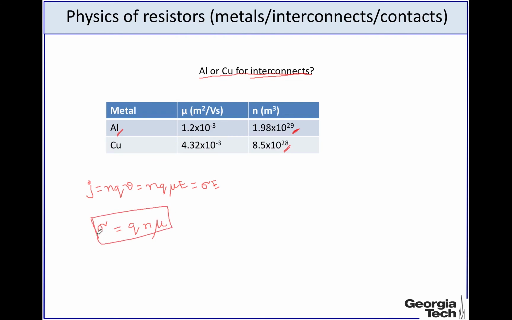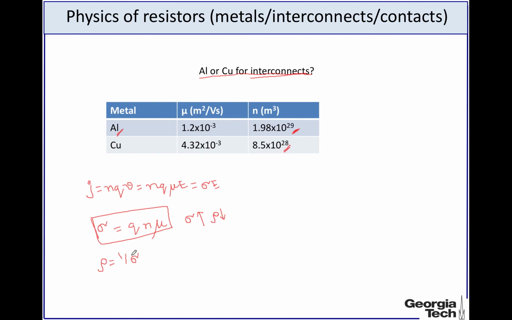This is the conductivity, and then we have another quantity called resistivity, which is the inverse of conductivity. For any interconnect material or any metal that you want to use, you want a material that has a very high conductivity or a very low resistivity. So to decide between aluminum or copper, what you need to calculate is the conductivity or the resistivity.